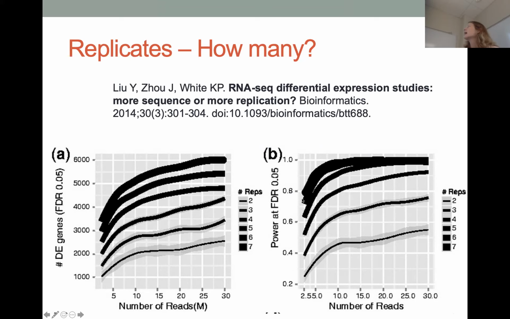And this paper actually kind of came up with the same conclusion, which is 6 reps relatively deeply sequenced is really where you want to be to be accurate. Again, I don't see a lot of papers coming out with 6 replicates because people are always, and we fall prey to this too, wanting to put a bunch of different factors in your experiment. You want to test different times and different cultivars and different locations.